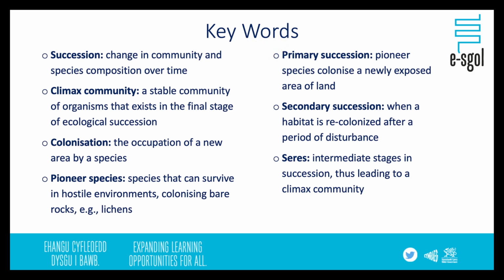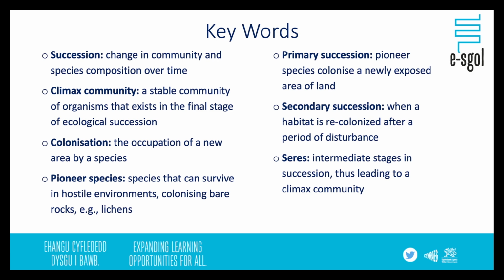Primary succession. Pioneer species colonise a newly exposed area of land. Secondary succession, when a habitat is recolonised after a period of disturbance. Seres, intermediate stages in succession, thus leading to a climax community.